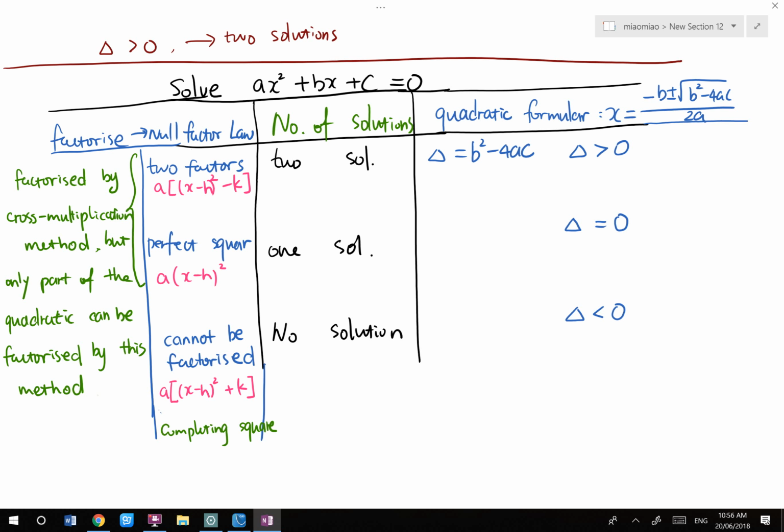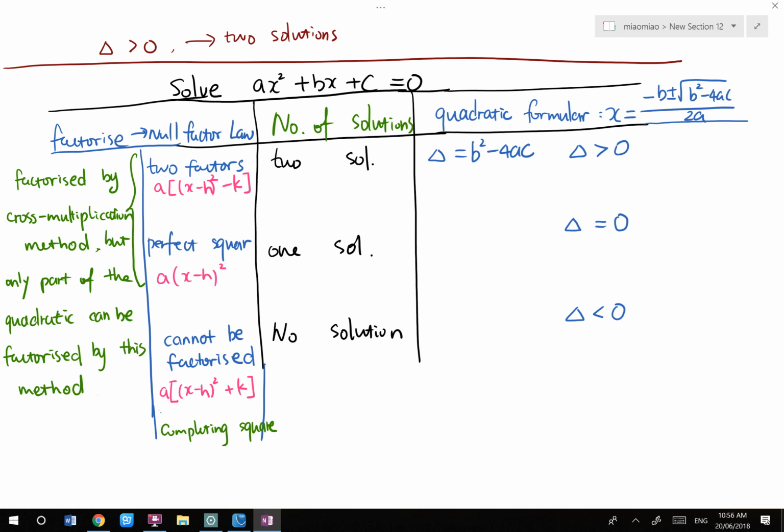When the discriminant is greater than 0, the quadratic can be factorized by two distinct factors. When you have one solution, the discriminant equals 0, and you have a perfect square with no k value. When the discriminant is less than 0, you have no solutions, it cannot be factorized, and when you complete the square, you should have a plus k there.